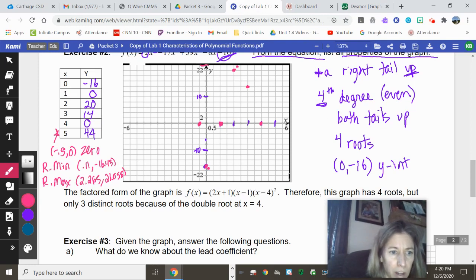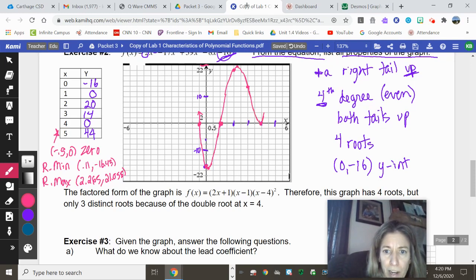So again, when I connect the dots, I'm going to kind of stay close to the leftmost point that I have to make my graph accurate. I'm going to go down here, hit that lowest point. I'm going to come up here. I'm going to hit these points, hit my relative max. I'm going to come back down. It's going to hit the 4, and it's going to bounce back up.